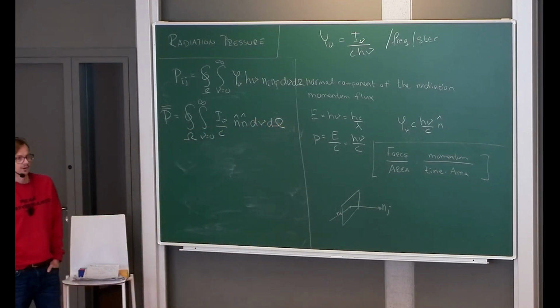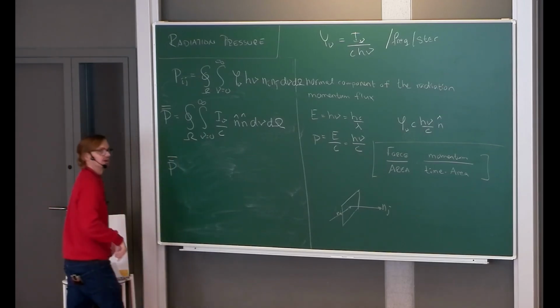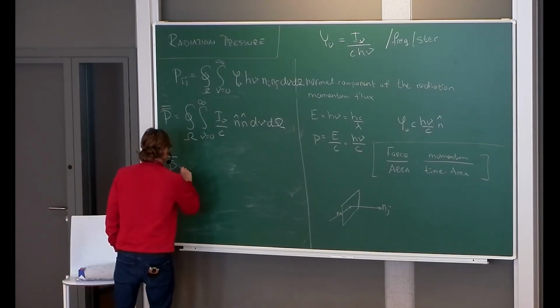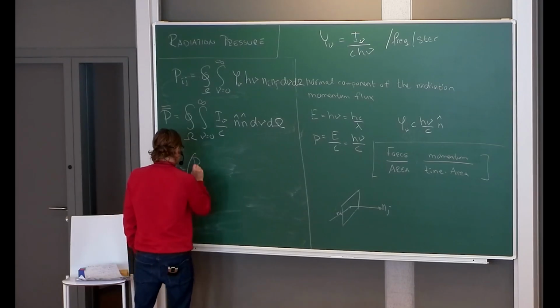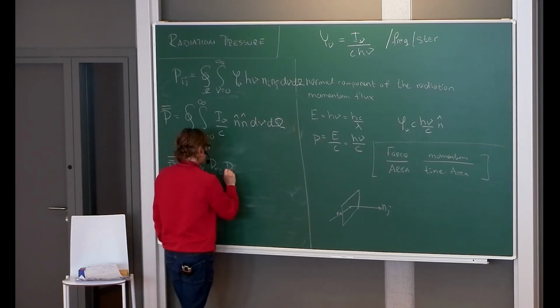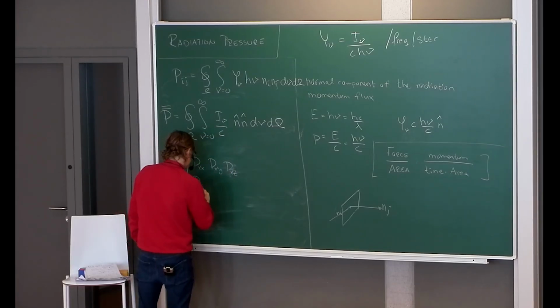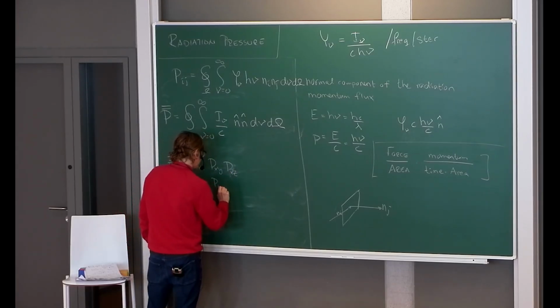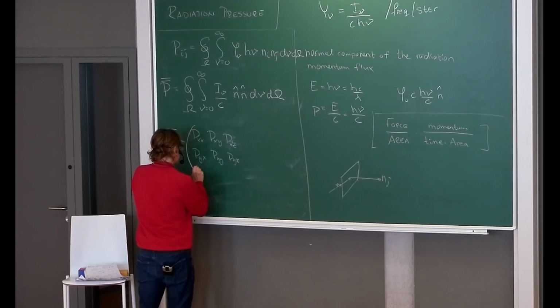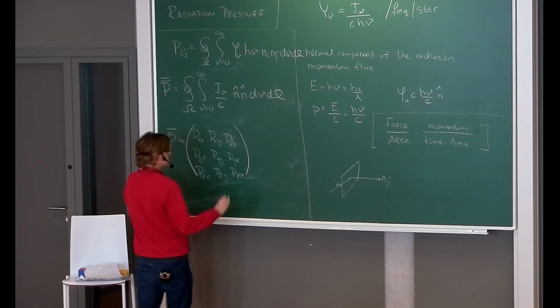Where, for example, if you put this on a Cartesian coordinate system, you will, of course, get pxx, pxy, pxz, pyx, pyy, pyz, pzx, pzy, pzz.